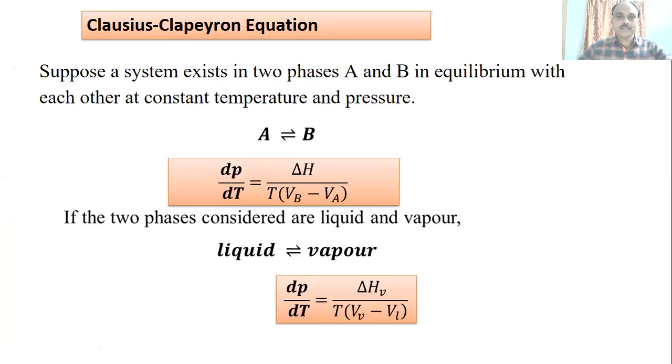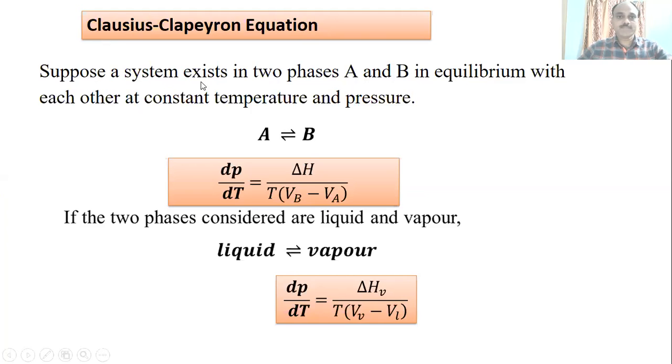Either liquid to solid equilibrium, or liquid to vapor equilibrium, or solid to liquid equilibrium, any kind of these two-phase changes, from liquid to vapor or liquid to solid. During these phase changes, we have to calculate the thermodynamic parameters.